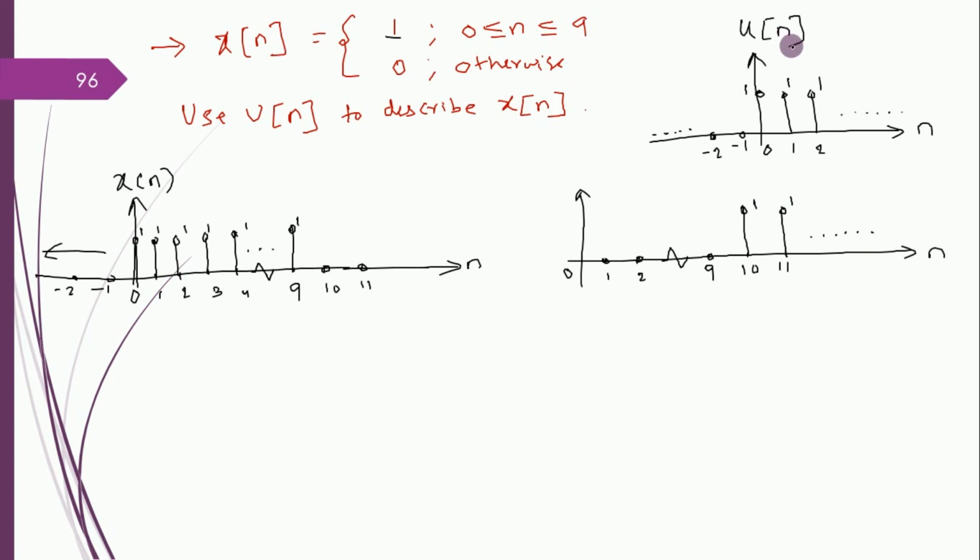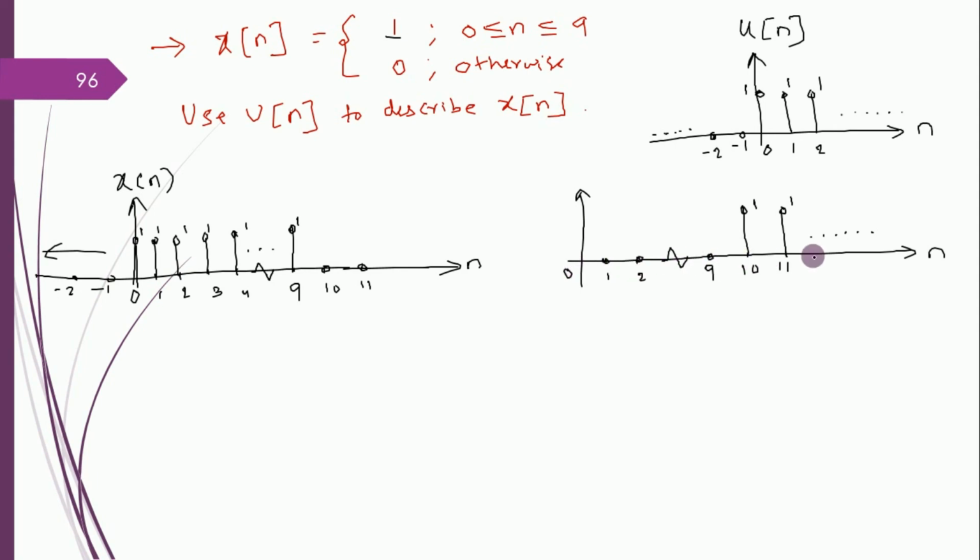Write it in terms of u of n. This signal and u of n are the same. The only thing is that the signal I have just drawn is a shifted version of u of n. How many times should this signal be shifted to achieve this? It should be shifted 10 times to the right.